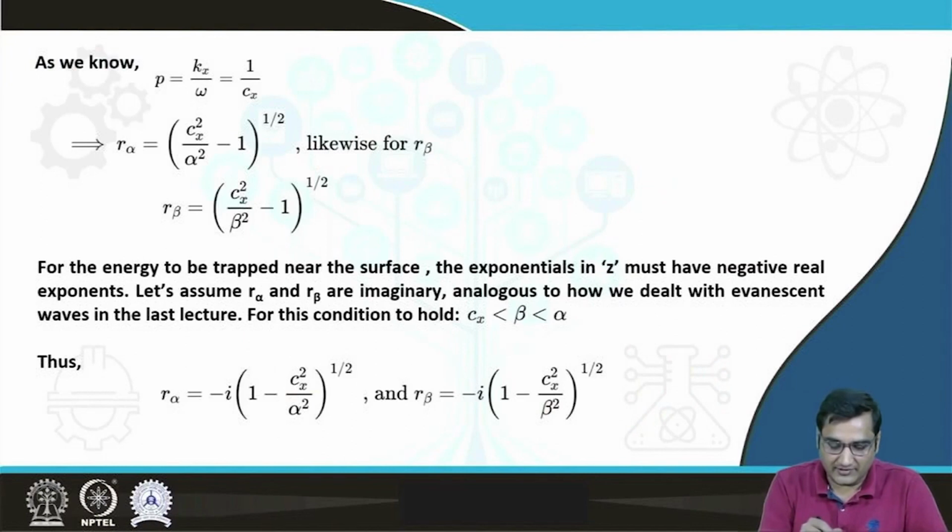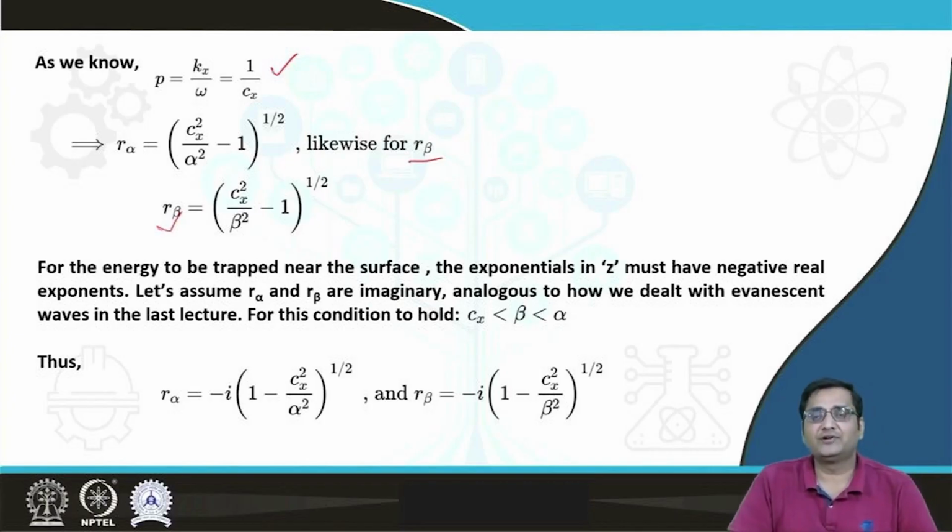So r alpha will now become (cx square by alpha square minus 1) to the power 1 by 2. Likewise, r beta will become (cx square by beta square minus 1) to the power 1 by 2. In r beta we have just replaced alpha by beta.